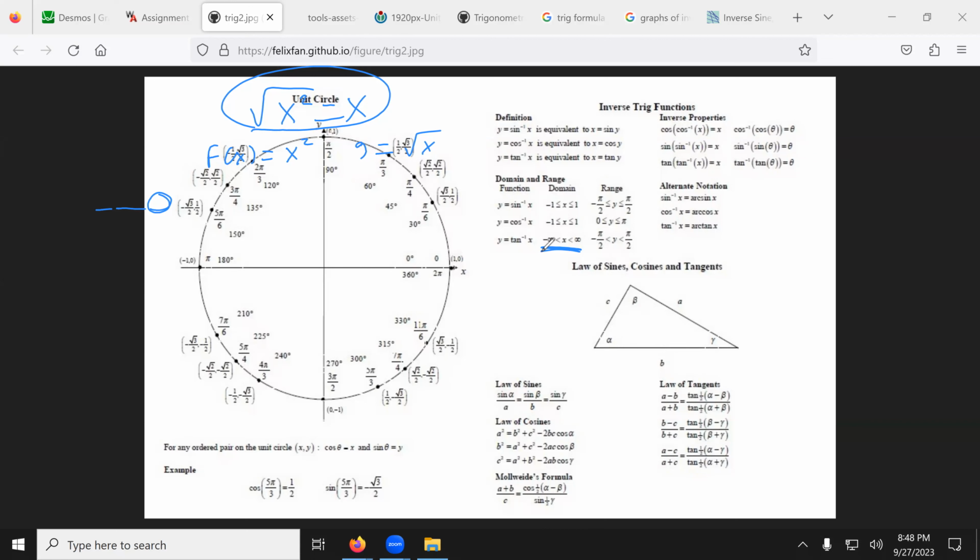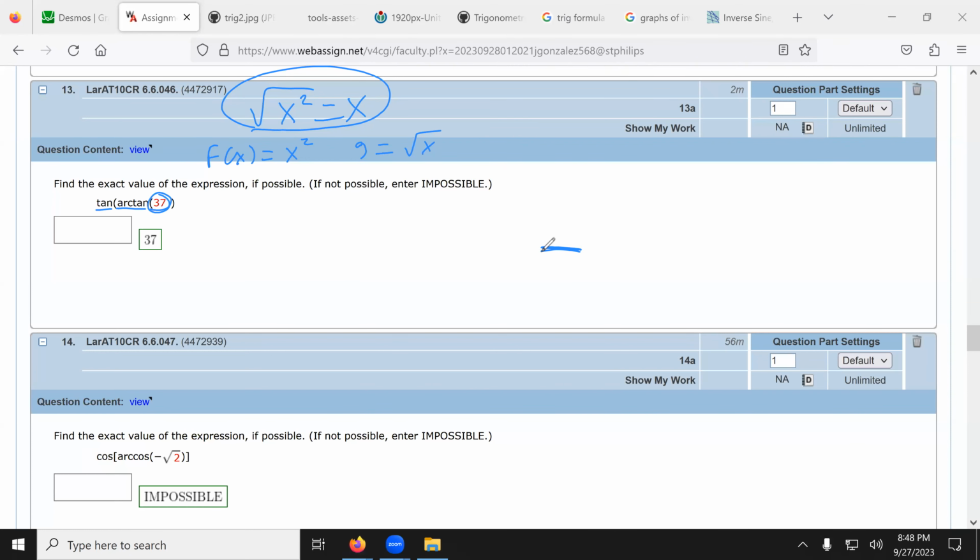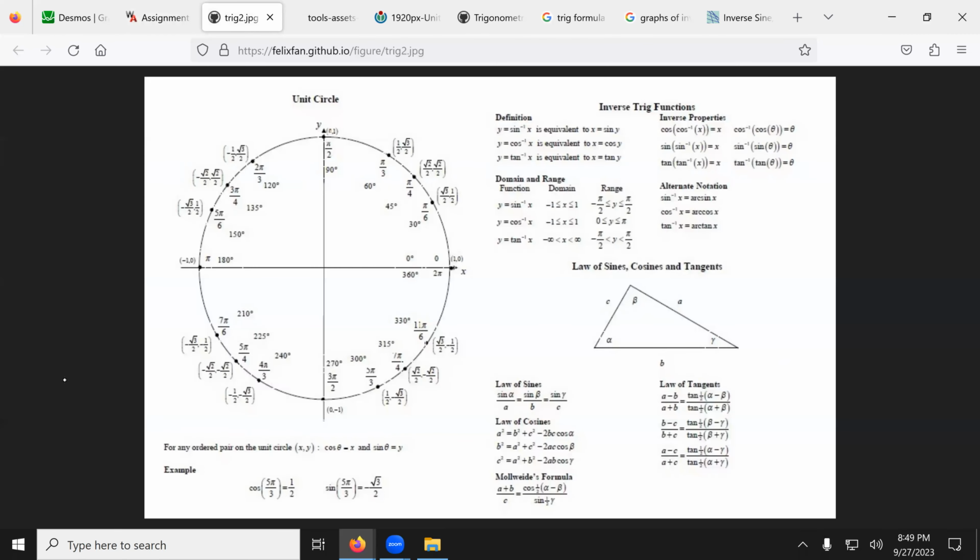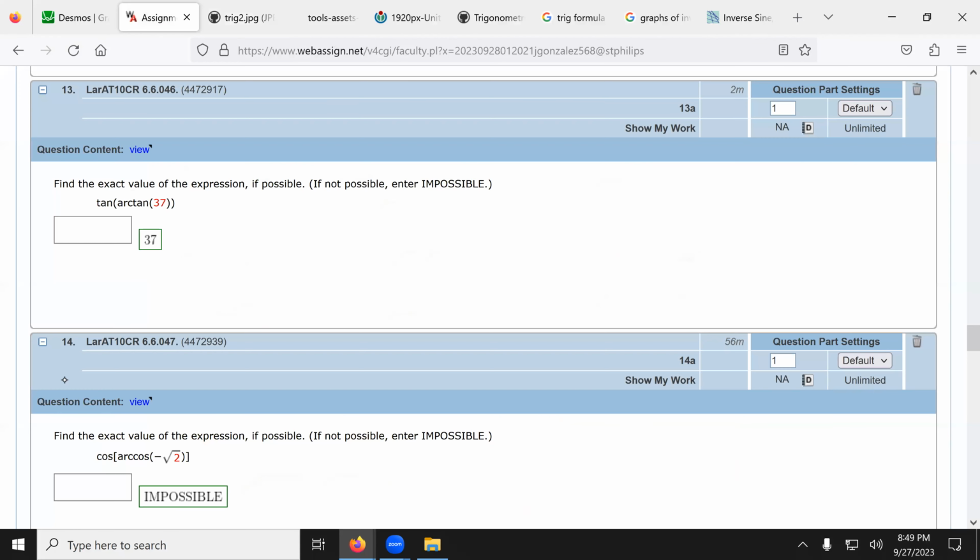But look at this one. This one is already telling us it's impossible. So we need to figure out, okay, well, the one in here, does it violate the domain and range stuff? Go back to our cosine. Our cosine needs to be between -1 and 1. Negative root 2 is what, 1.2 something, whatever, I don't know. It's below -1 for sure.